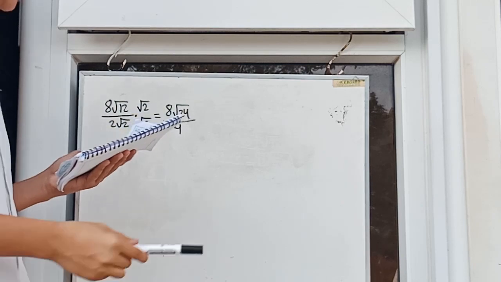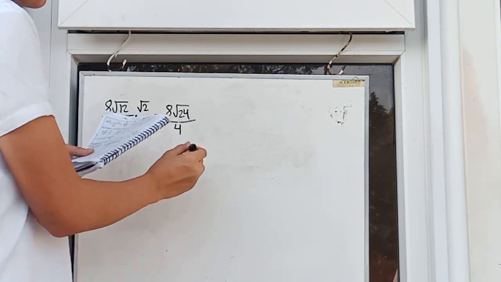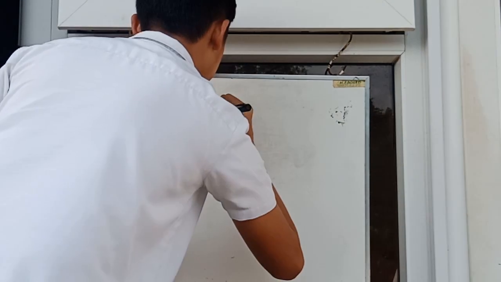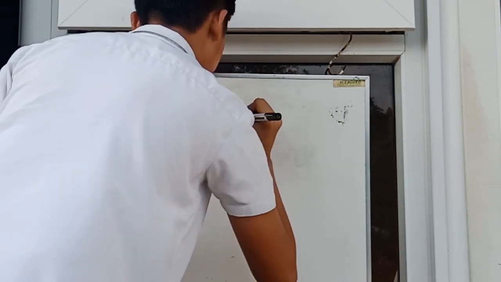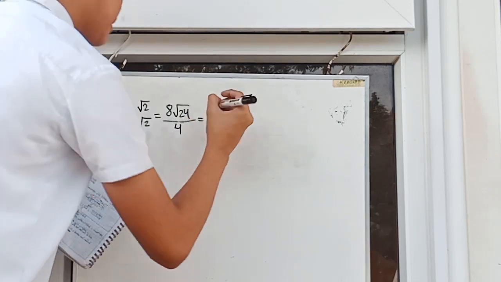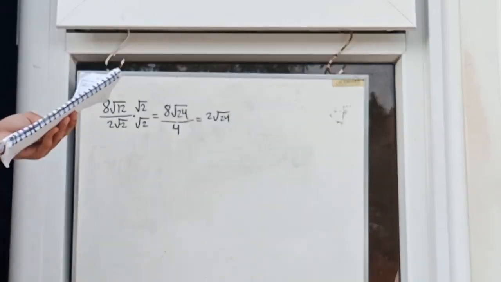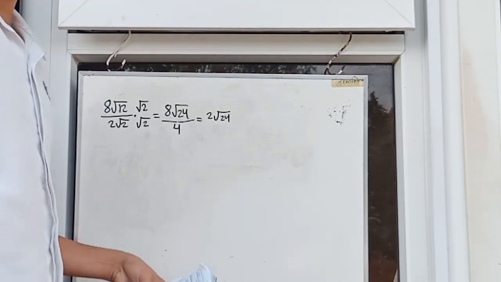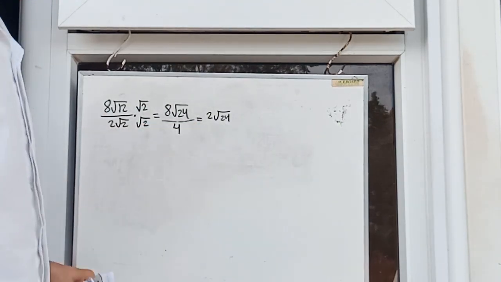Now, this is not the final answer because you can simplify this. So, if you divide 8 by 4, the answer is going to be 2 square root of 24. Now, again, this is not the final answer because even though 24 is not a perfect square, you can still find factors that is a perfect square.